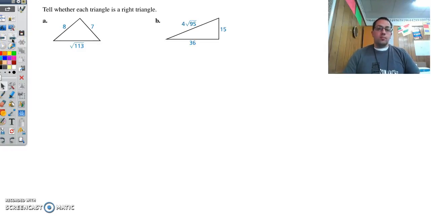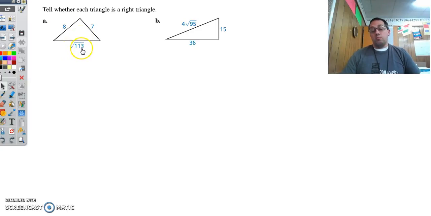So let's take a look at this. We want to know, are these right triangles or not? Let's look at triangle A. Now, I don't know what the square root of 113 is, but this does appear to be the hypotenuse. So we have 8, 7, and square root of 113.